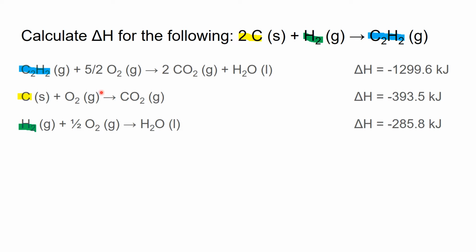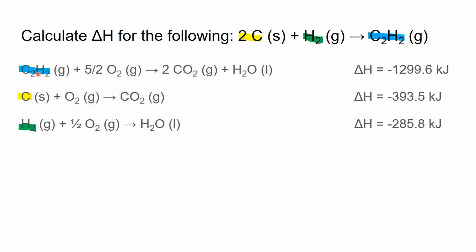So you have to make sure that your elements are on the correct side. Our carbon here is on the reactant side, and it's on the reactant side here. All right, we're good. Hydrogen's on the reactant side, and hydrogen's on the reactant side. Good. C2H2 is on the product side here, but it's on the reactant side here.